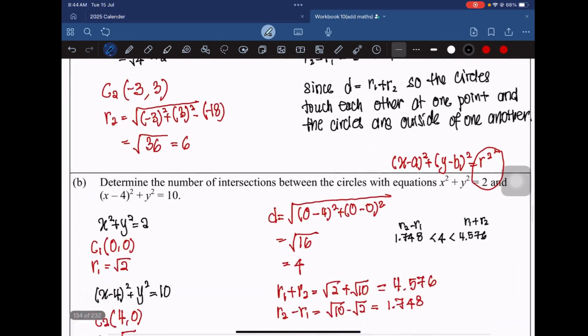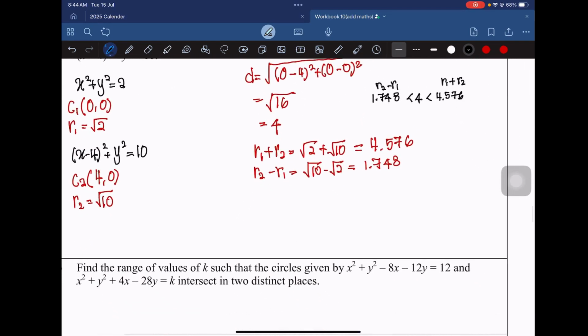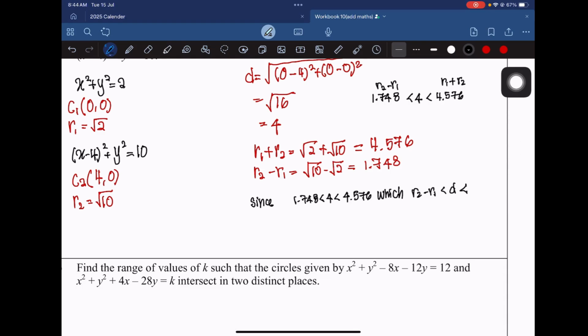Okay, so for the answer, you write down that since 4 is in between 1.748 and 4.576, which is R2 minus R1, the d is in between R2 minus R1 and R1 plus R2.